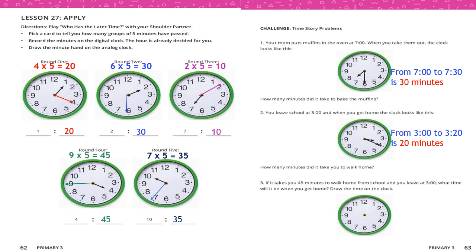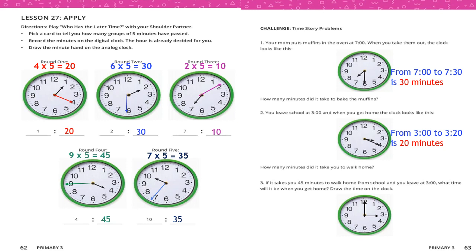Number 3, if it takes you 45 minutes to walk home from school and you leave at 3 o'clock, what time will it be when you get home? You left your school at 3 o'clock and it takes you 45 minutes. So we will add 45 minutes to 3 o'clock. 3 o'clock looks like this.